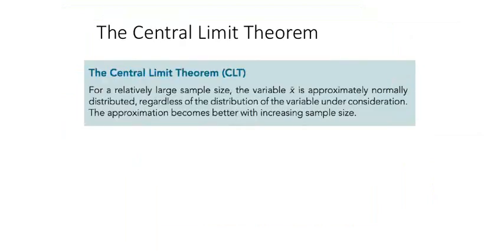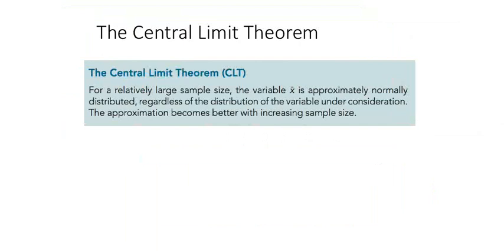And one big thing that we say about it right away is due to something called the central limit theorem. It says this: for a relatively large sample size, the variable x bar, which is the sample mean, is approximately normally distributed, regardless of the distribution of the variable under consideration.